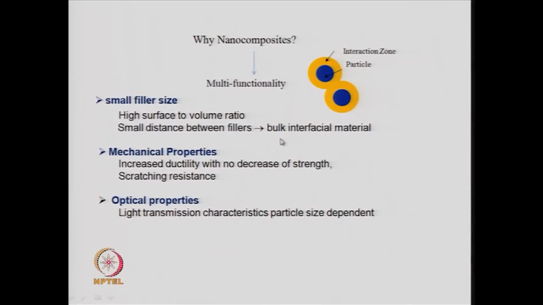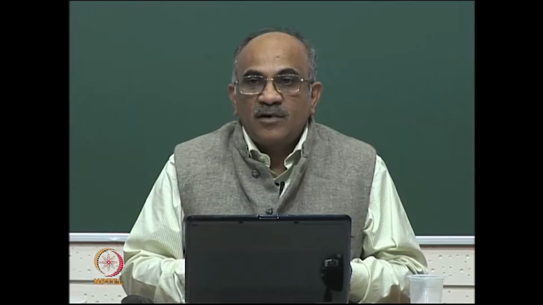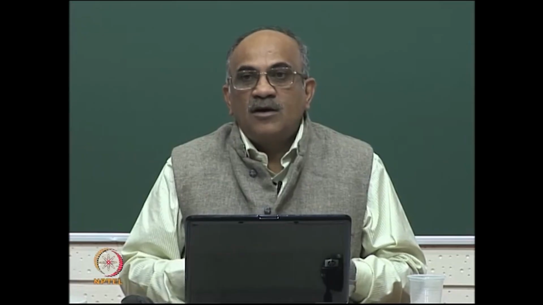So, you get a bulk interfacial material. With small filler size, the mechanical properties increase. You increase the ductility with no decrease of strength, and you increase the scratch resistance, and these are mechanical properties one wants to enhance in a material for industrial applications or for construction materials.